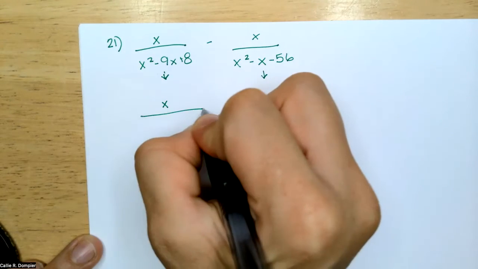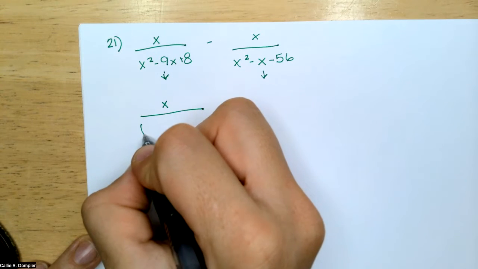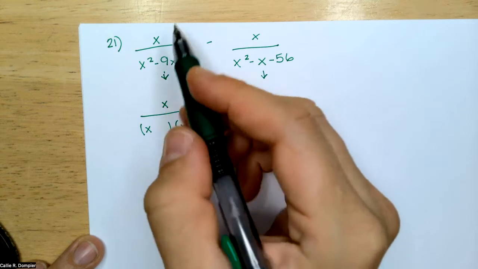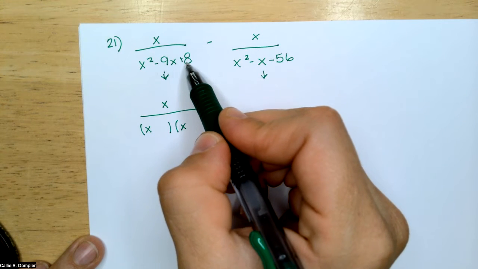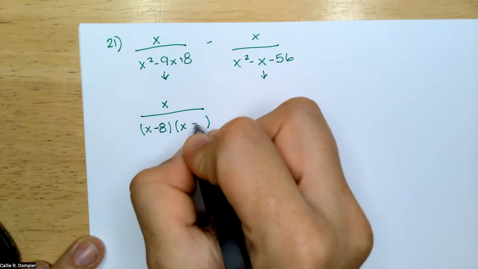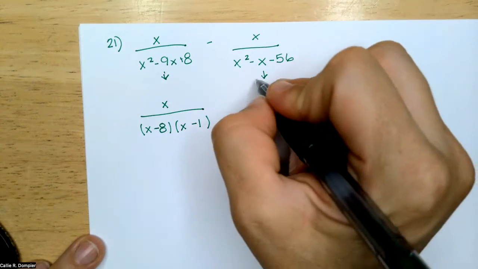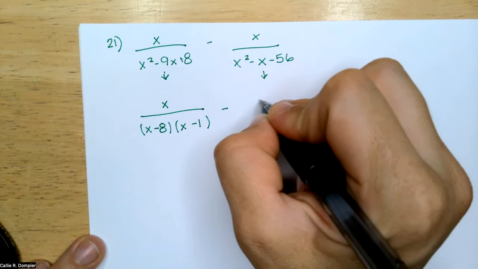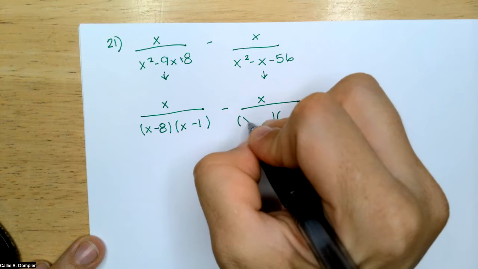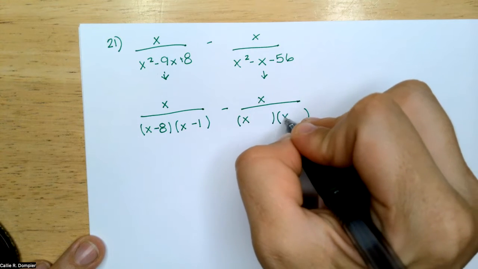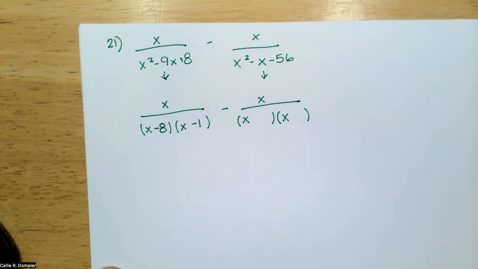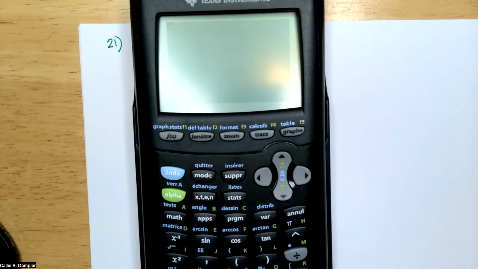So again, you leave the top the same. Instead of x squared minus 9x plus 8, you're just going to factor that into two binomials, beginning with x. If I want it to multiply to 8 but add to a negative 9, I'm probably going to choose negative 8 and negative 1. And then bring down the minus, x over, and then we want to make another set of binomials. x squared minus x minus 56 becomes x... 56.